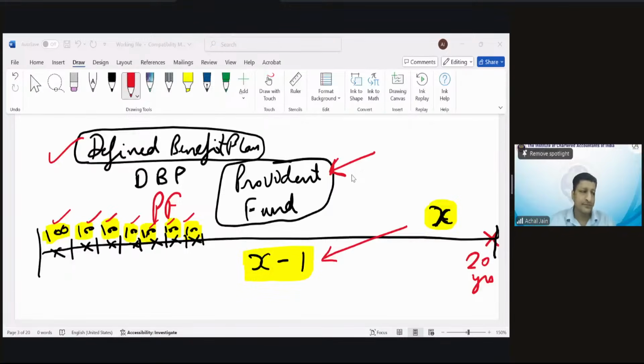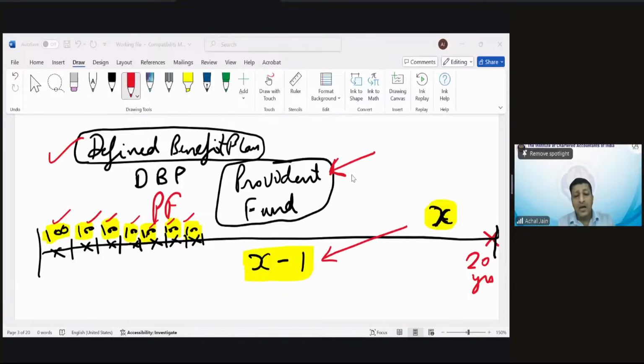The answer is yes. Another example. Let's suppose retirement age is 60 years. The employee has completed 50 years and now he has left. Any employee benefit which is payable to the employee at the time of his retirement, now at 50 years, will also be a post-employment employee benefit.